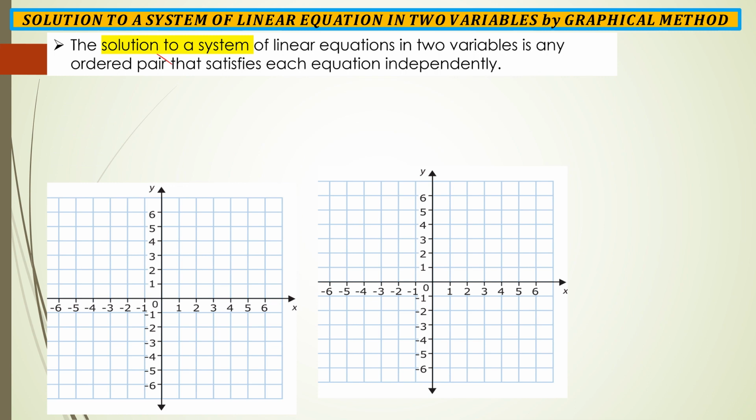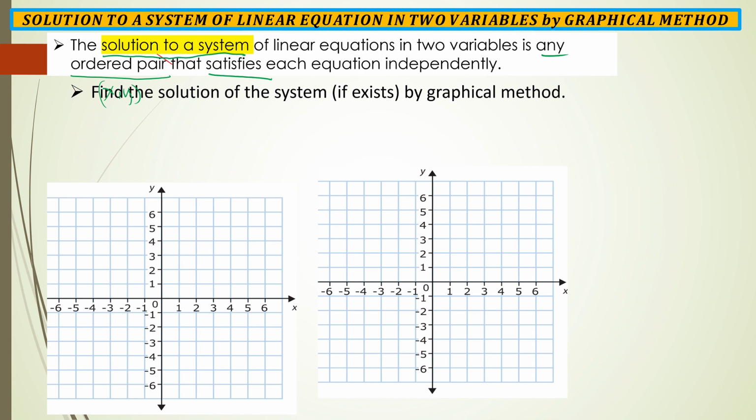So again, the solution to a system is any ordered pair made up of x and y that satisfies each equation independently. Suppose you are given the instruction: find the solution of the system by graphical method. So let us first find the solution to a system by graphing.